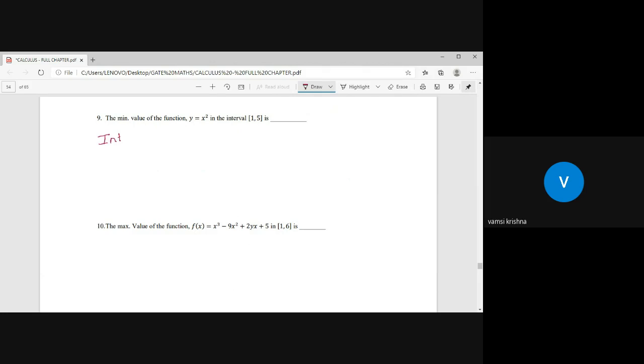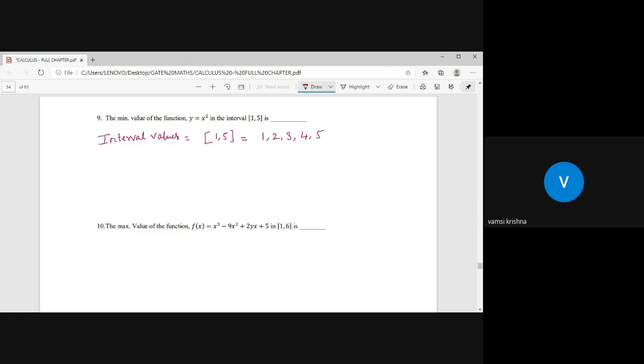The given interval values are 1 comma 5, and moreover this is the closed interval of 1 comma 5. It means you need to include 1 and 5 also, boundaries also: 1 2 3 4 5.